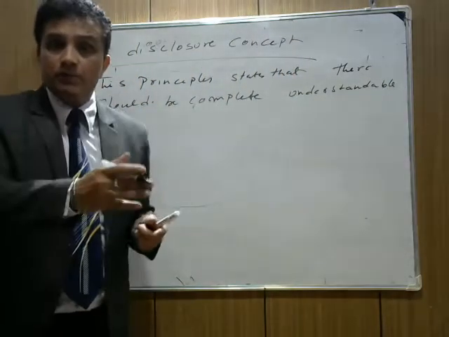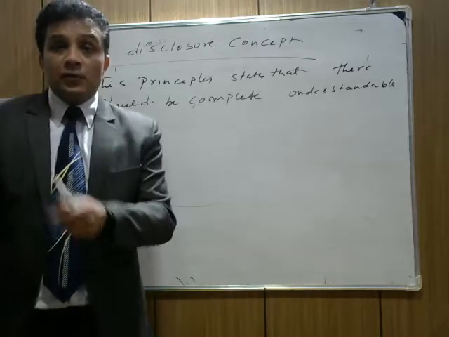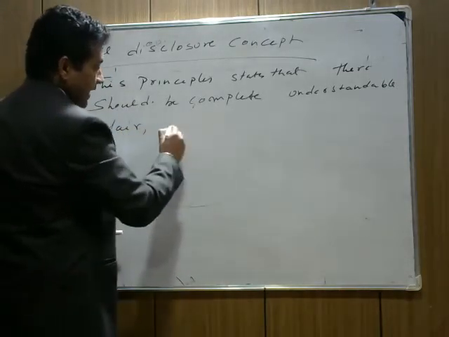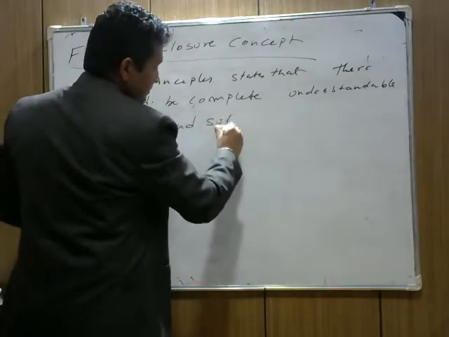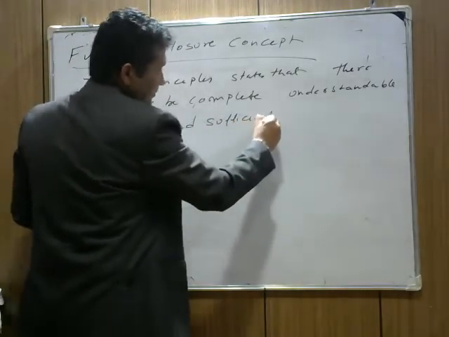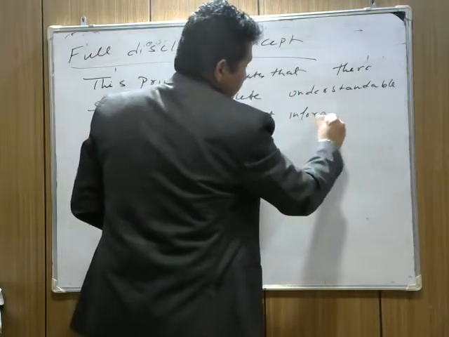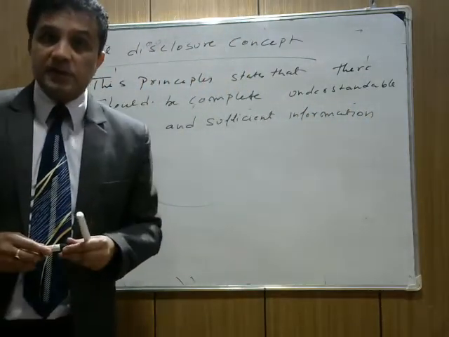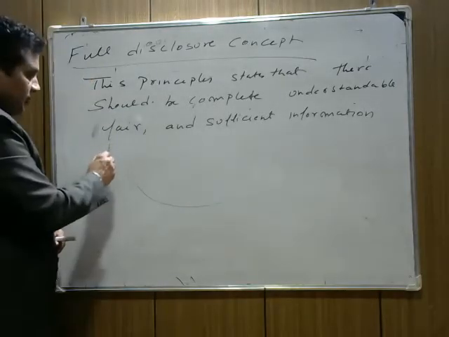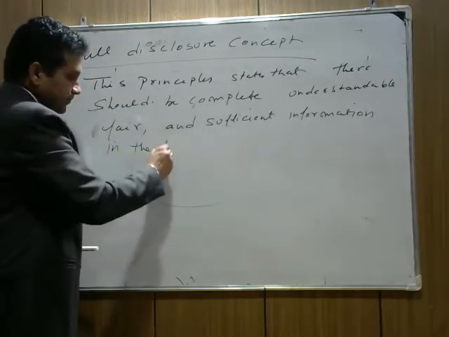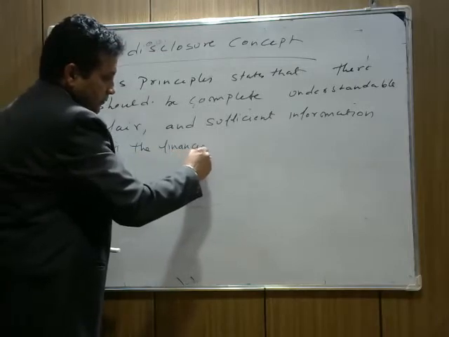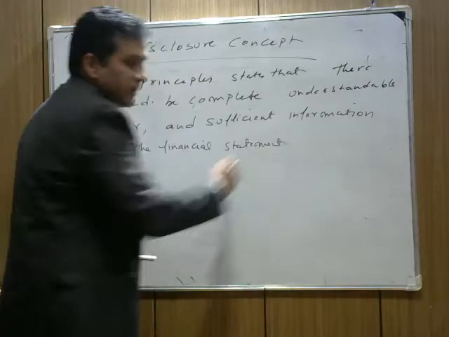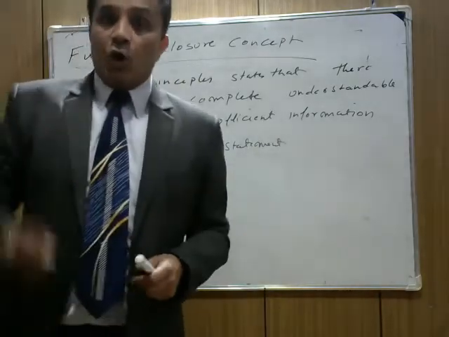Now what is understandable information? Complete, understandable, fair and sufficient information. What is the information which is related to the business? Fair means which is correct, and sufficient information. Now which information? The economic events in the financial statement.